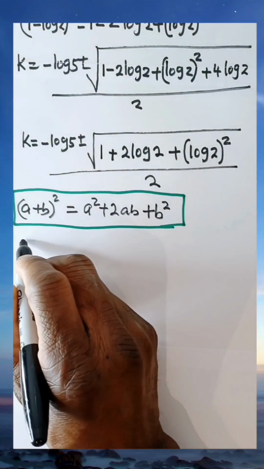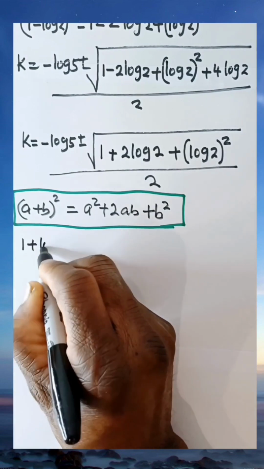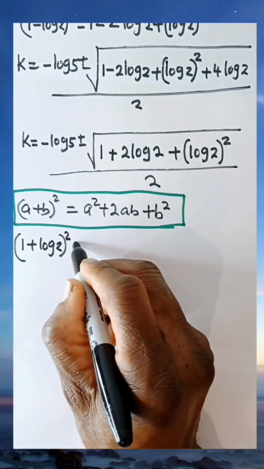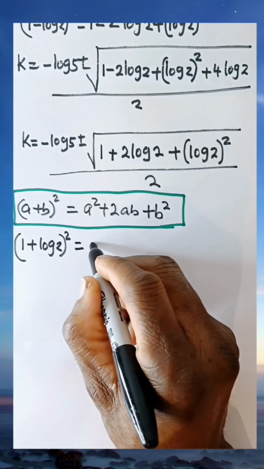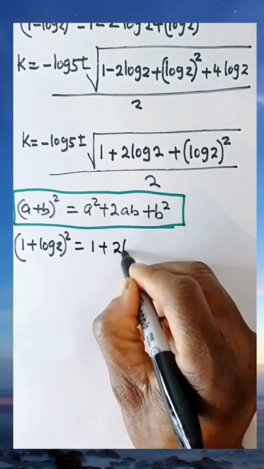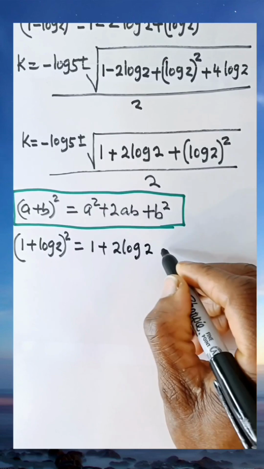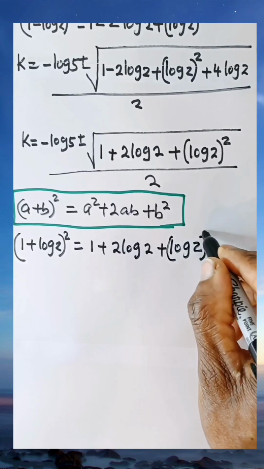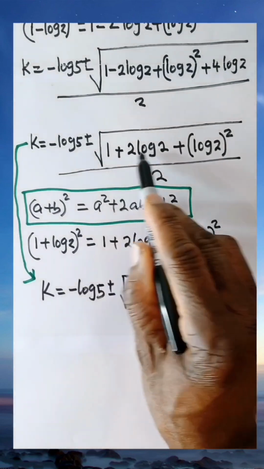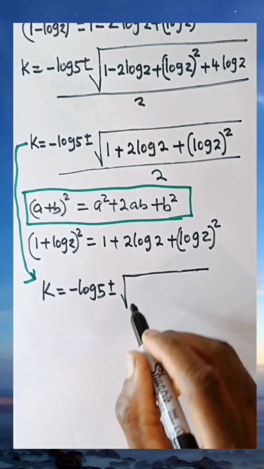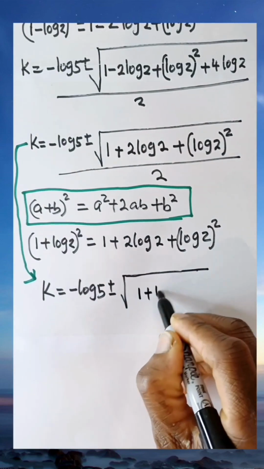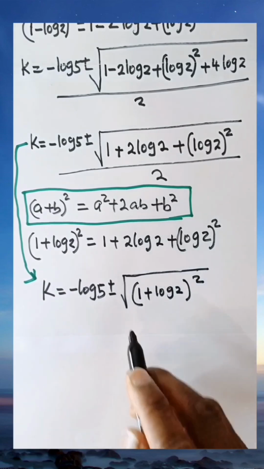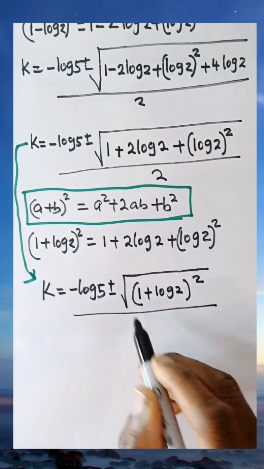So we will have 1 plus log 2 raised to the power of 2, and this is equal to 1 plus 2 log 2 plus log 2 raised to the power of 2. We will replace this expression with this. So we have 1 plus log 2 raised to the power of 2, divided by 2.